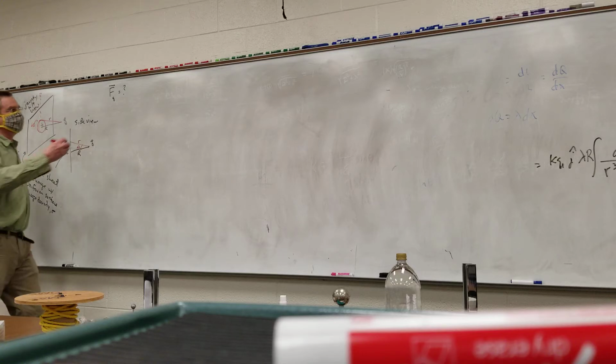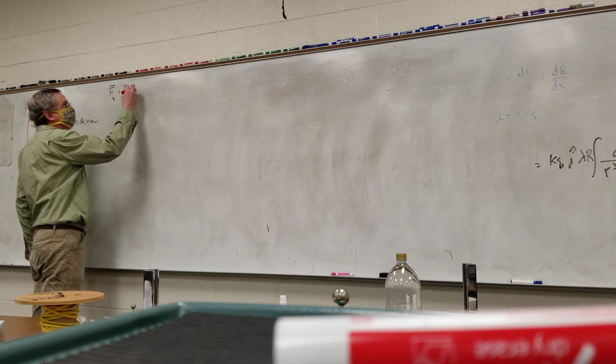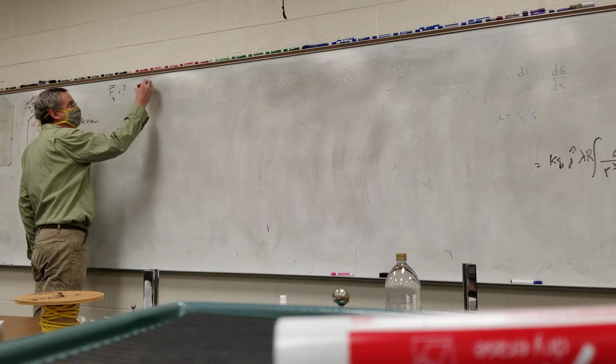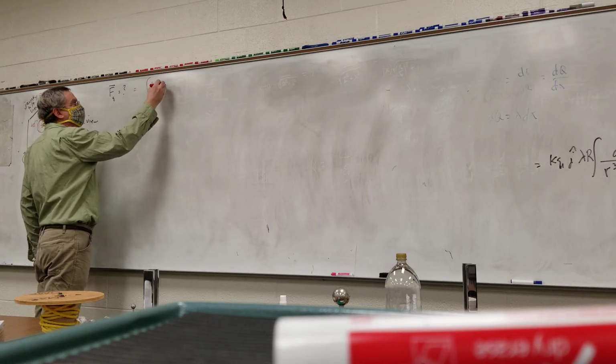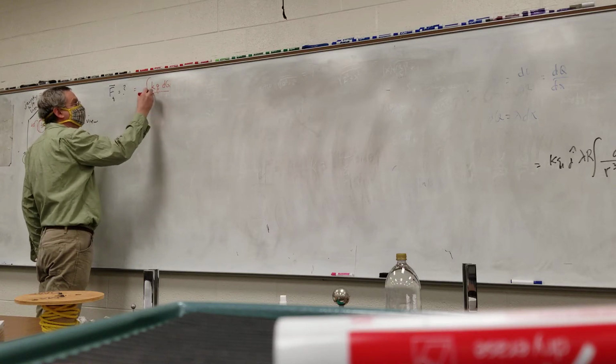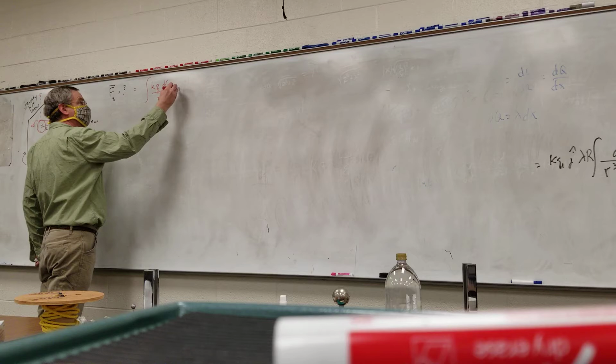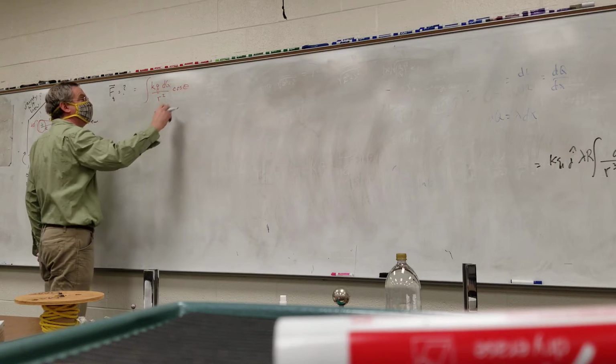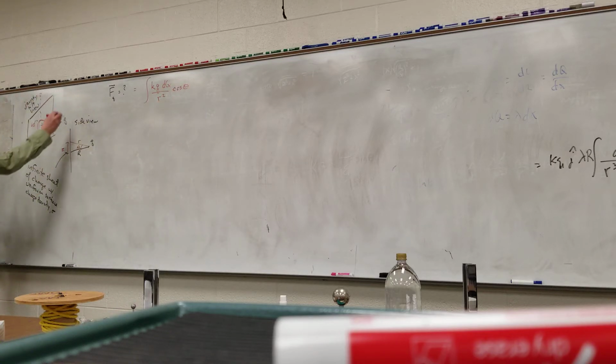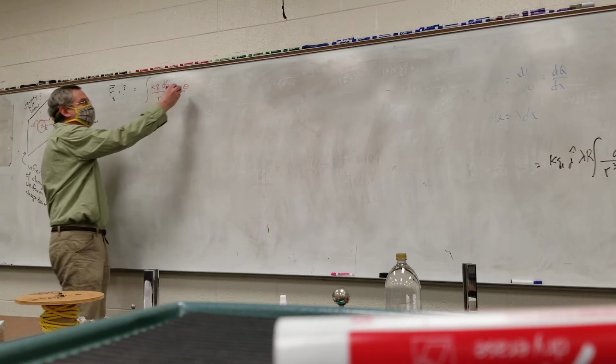And so now we plug and chug. So this is the integral of k q dQ over r squared. Only horizontal components are safe, so cosine of theta, and let's call that the i hat direction.